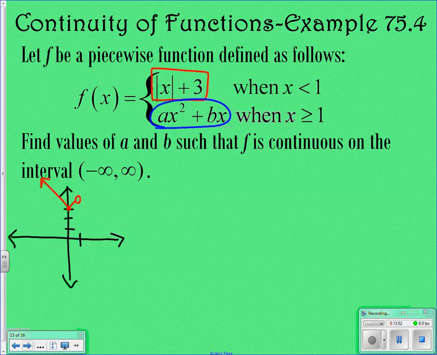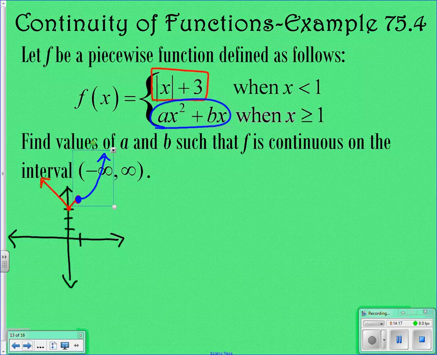So I'm going to have some parabola here, and it's going to be opening up. And we need it to be a continuous function. We have to have a continuous function here because it says such that it makes it continuous. So that means that that little dot right here needs to go right on top of the open circle that I have there.